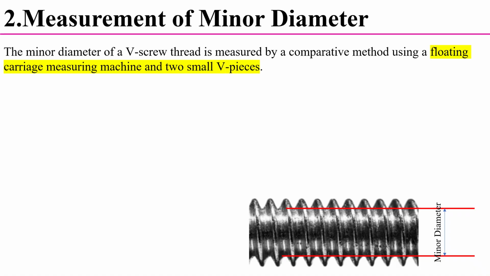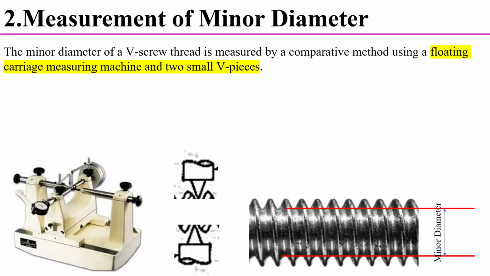Next we will discuss the measurement of minor diameter. The minor diameter of the V screw thread is measured by a comparative method using a floating carriage measuring machine and two small V pieces. In the schematic you can observe the floating carriage measuring machine and the two V pieces.